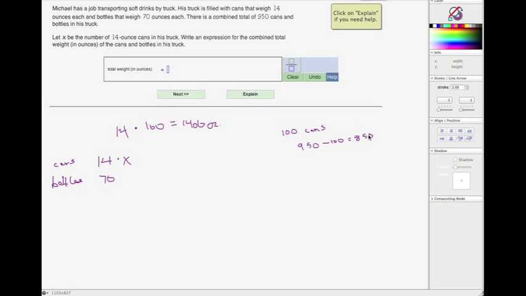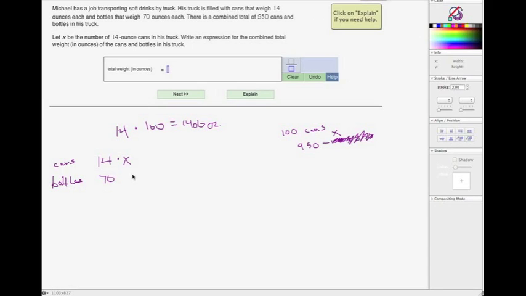That's how many bottles there would be if there were 100 cans. Since we don't know how many cans there are, instead we just say there are 950 minus X bottles. If altogether there's 950, there's X cans, and there's 950 minus X bottles.